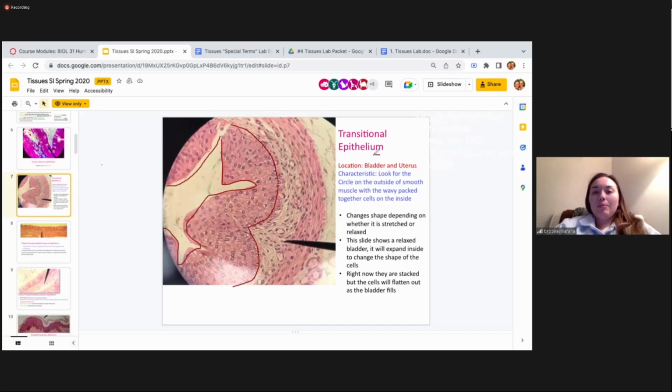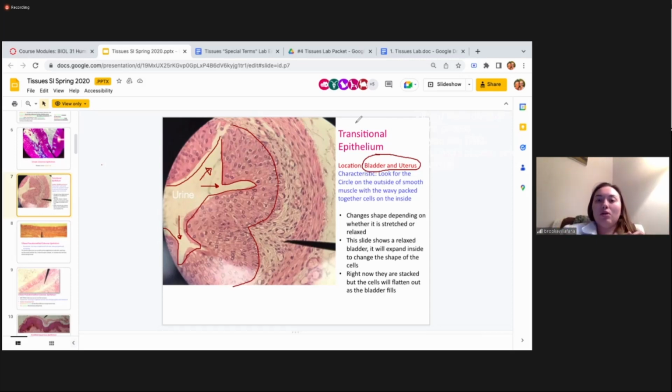So for transitional epithelium, the main place we think of is our bladder. This means that urine fills this cavity right here. If you picture urine filling this up to the point where someone really needed to go pee, the urine is starting to fill these pockets, and basically this is expanding bigger and bigger and stretching out.